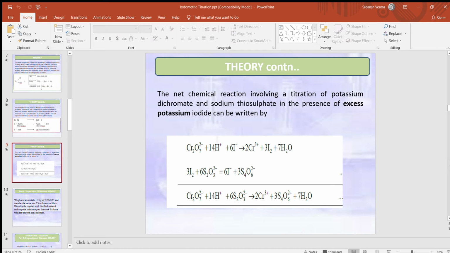The excess KI also prevents the volatilization of iodine, because the iodine plus iodide convert themselves into triiodide, which is more soluble in comparison to iodine.